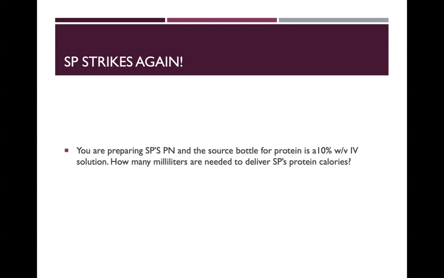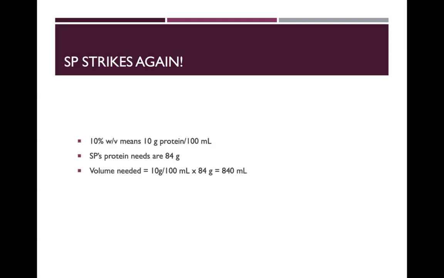So if I have 10 grams per 100 mLs, but I need 84 grams, that comes in what mLs? So 84 over X. X equals 84 times 100 over 10, or 84 times 10, which is 840. Did we all get that? Who didn't get it?